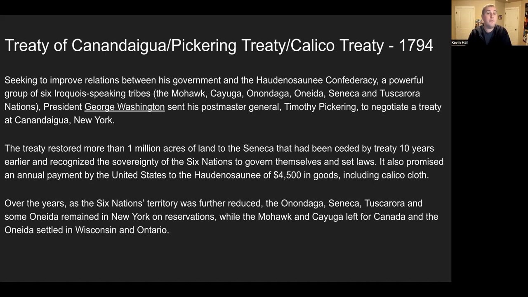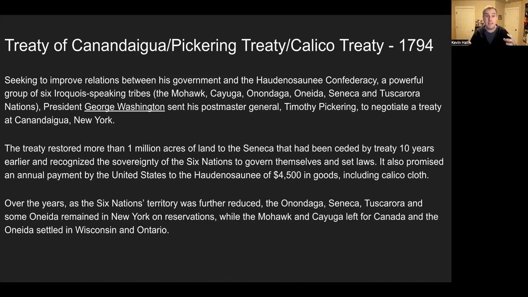Okay. The treaty restored more than 1 million acres of land to the Seneca that had been ceded by treaty 10 years earlier, and recognized the sovereignty of the Six Nations to govern themselves and set laws. It also promised an annual payment by the United States to the Haudenosaunee of $4,500 in goods, including calico cloth. Yay!